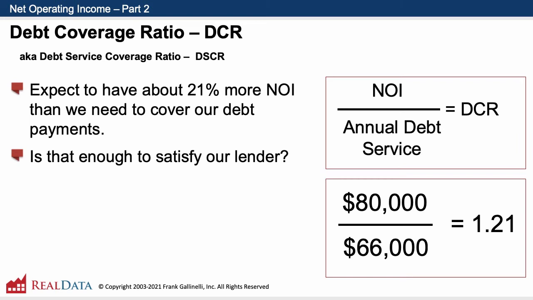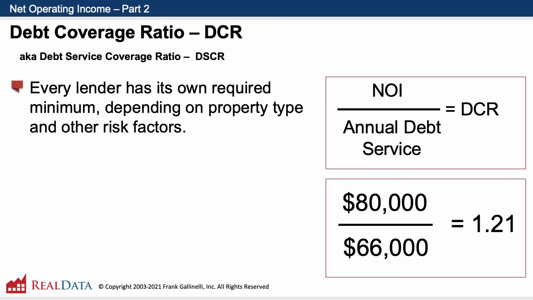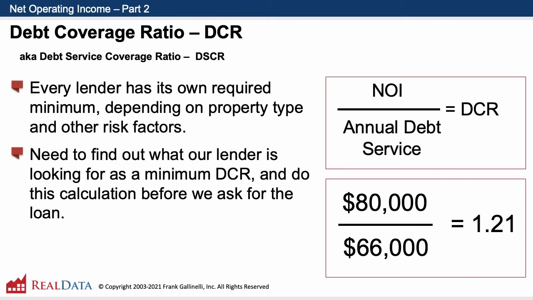Well, it depends. As a general rule, lenders usually look for at least 1.20, but often they look for more. Every lender has its own required minimum, depending on property type and other risk factors. So we would need to find out what our lender is looking for as a minimum DCR and do this calculation before we ask for the loan.